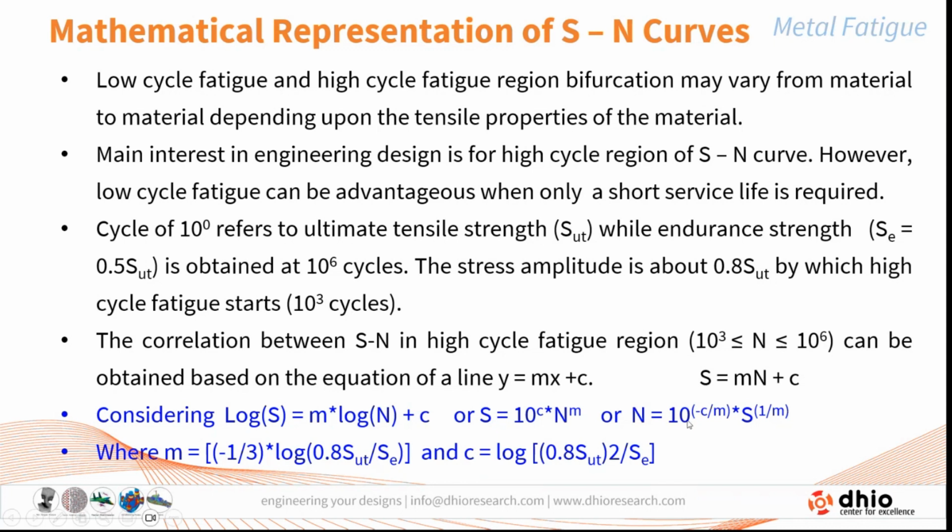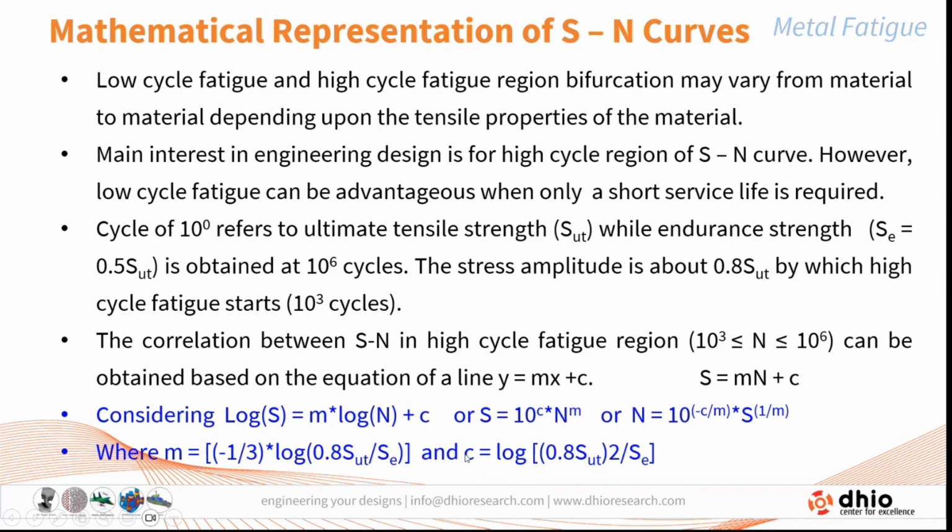Now, considering the logarithm, this can be expressed as log of S equal to m into log N plus c, or S is equal to 10 raised to the power of c into N raised to the power of m, or the number of cycles which the material can sustain can be obtained as 10 raised to the power of minus c by m into S to the power of 1 by m, where m is the slope of the curve in the high cycle fatigue region, given by minus 1 by 3 into log of 0.8 of ultimate tensile strength to the endurance strength.